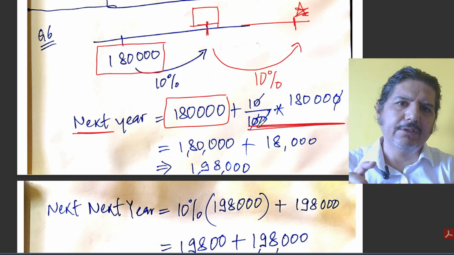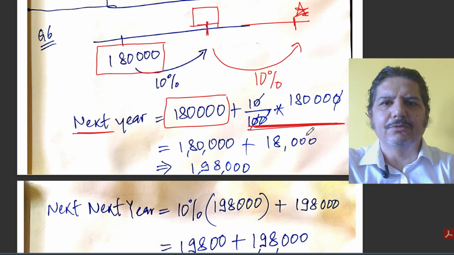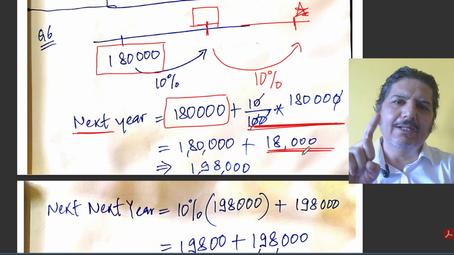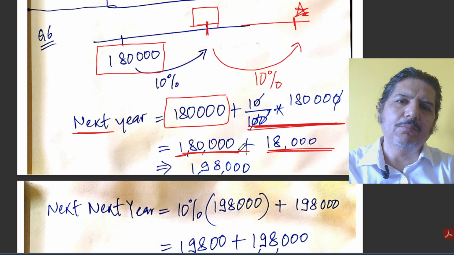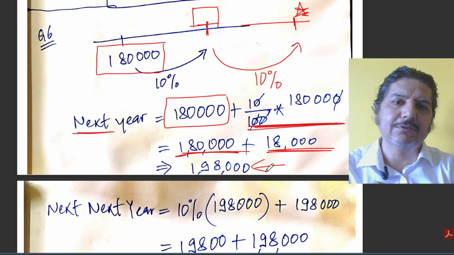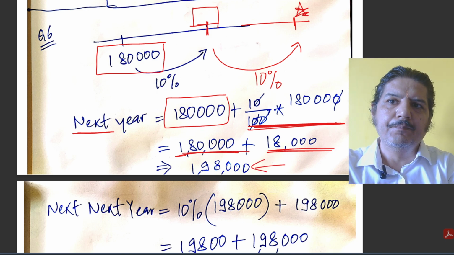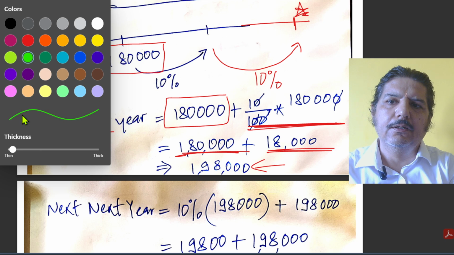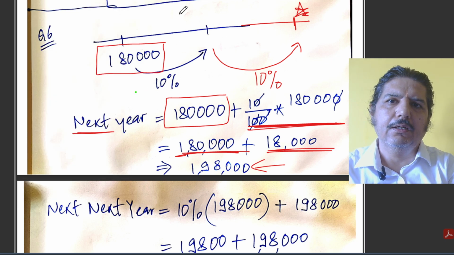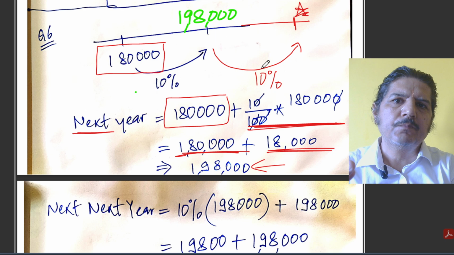So I'll have to calculate the value of 10% of 1,80,000, which is 18,000. Then I add this 18,000 to my population of this year. So after 1 year, the population of the town would be 1,98,000.